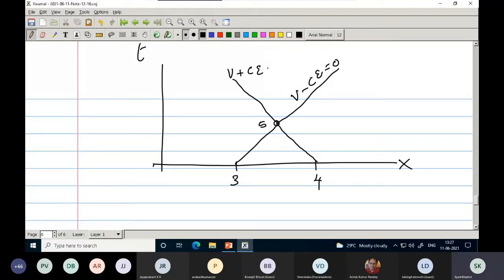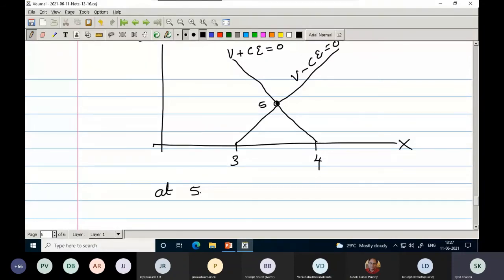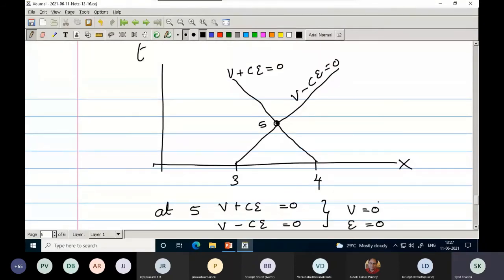Therefore, at this point both these conditions should be satisfied. So at point 5, V plus C epsilon should be equal to 0, and also V minus C epsilon has to be equal to 0. This implies that at point 5, V should be equal to 0 and strain should be equal to 0. That's a trivial statement, but that's how it works out.